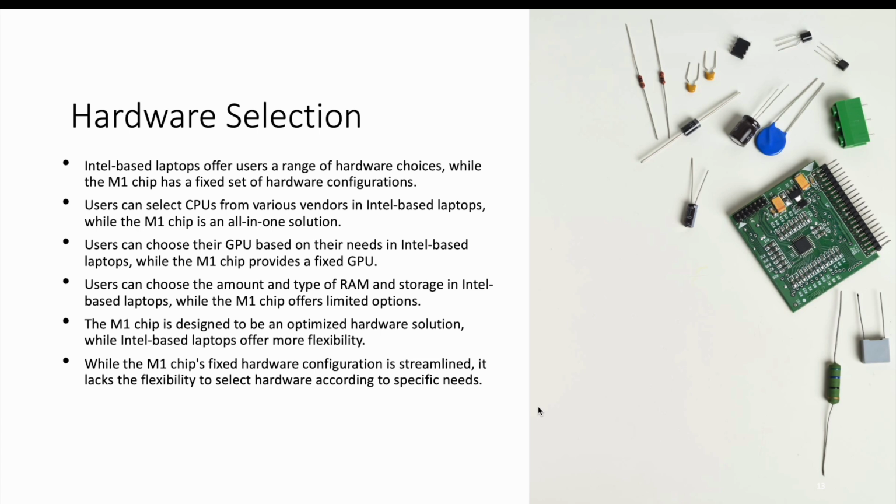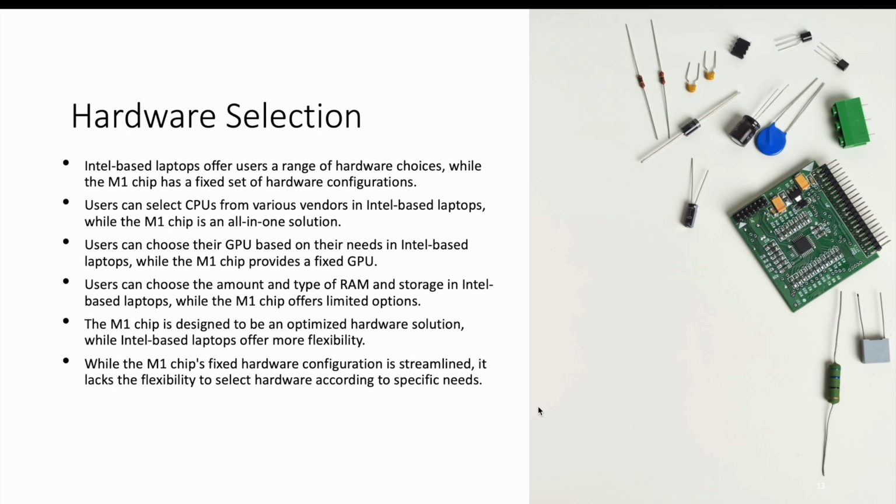Customers can select from a variety of CPUs manufactured by different vendors such as Intel, AMD, or Qualcomm, based on their performance or other parameters. Similarly, users can select the GPU according to their needs and opt for a discrete GPU or an integrated one. In contrast, Apple M1 comes with a fixed set of hardware configurations, and users cannot select the CPU, GPU, and RAM separately.